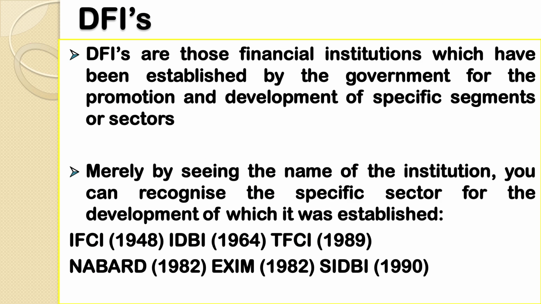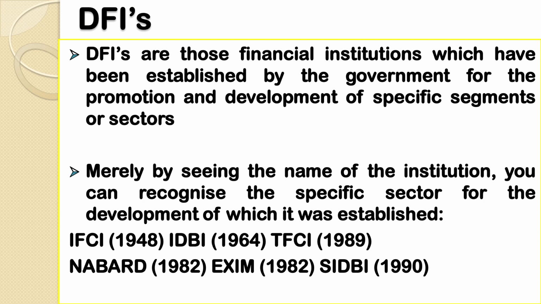Similarly, there are a few other DFIs such as NABARD, Exim Bank and SIDBI. NABARD is the National Bank for Agriculture and Rural Development. By hearing the name, we can say that this DFI was established to provide financial assistance for the development of agriculture and the rural sector.